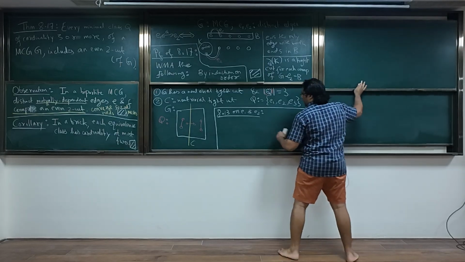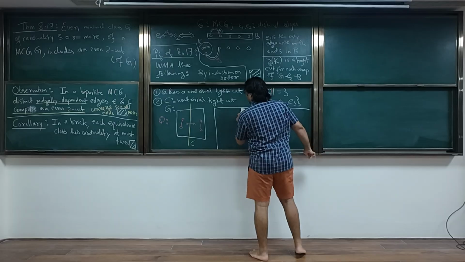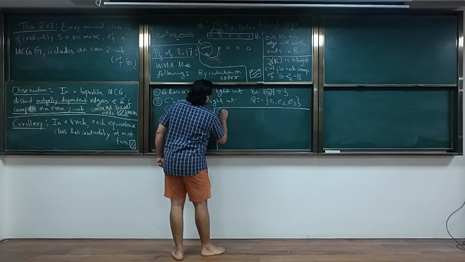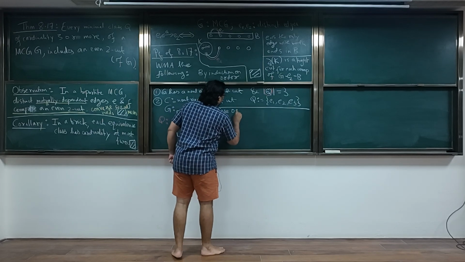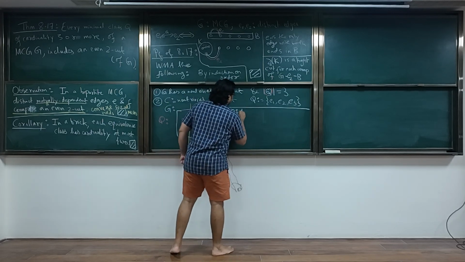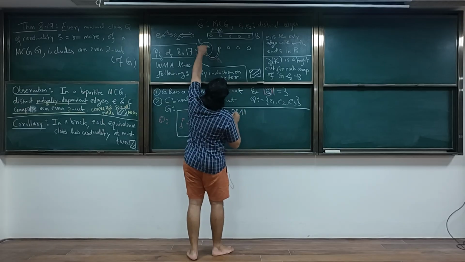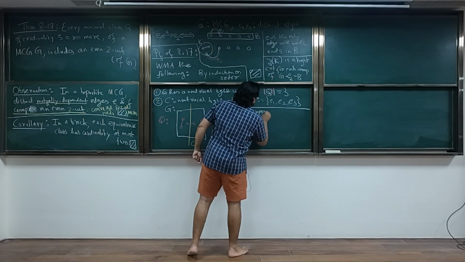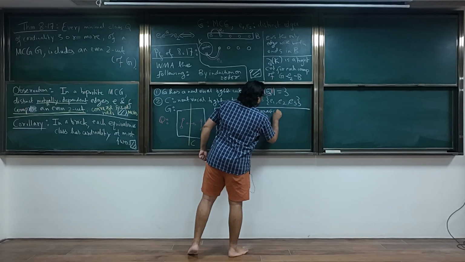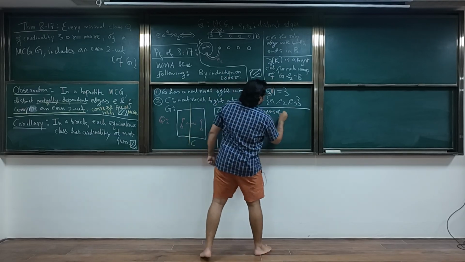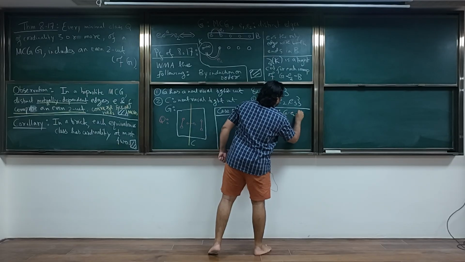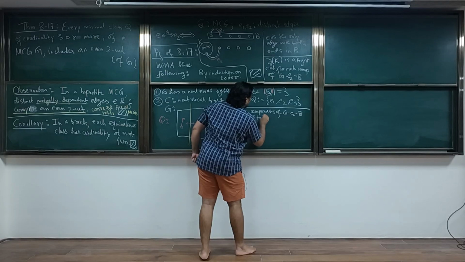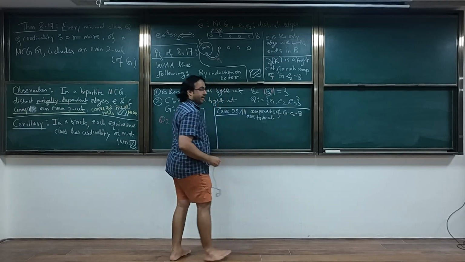So maybe I'll just write down case 0 here. Case 0, all components are trivial, in which case we don't have this drawing, we have the all trivial drawing. All components of G minus E2 minus B are trivial.